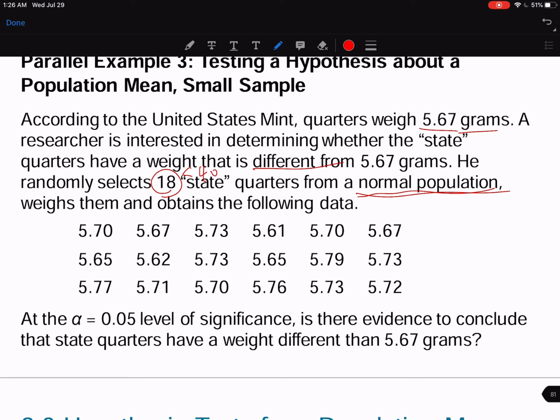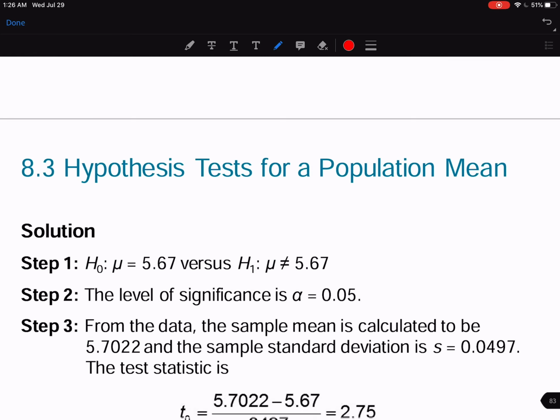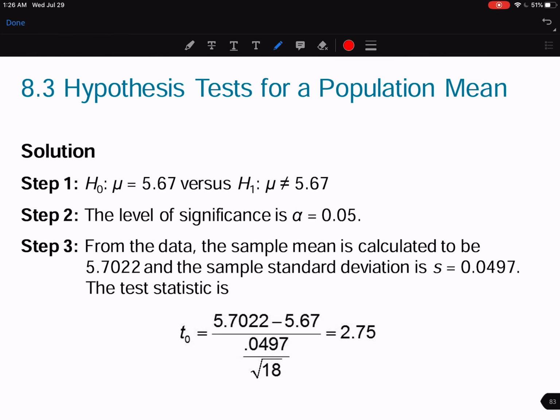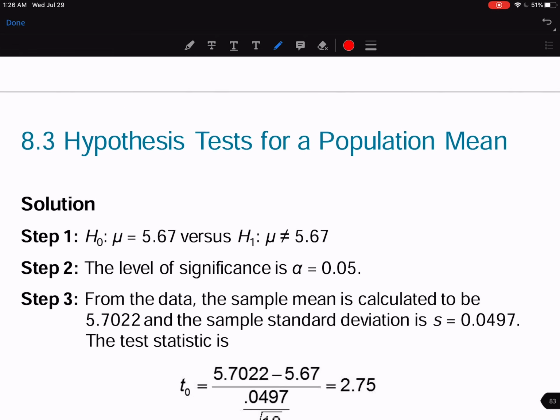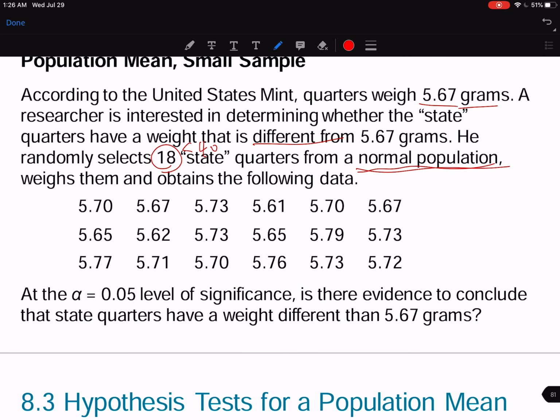Since the problem gives us the raw data here, I'm going to show you how to do this kind of hypothesis test from the calculator in a separate video.